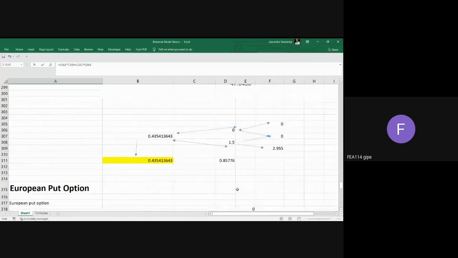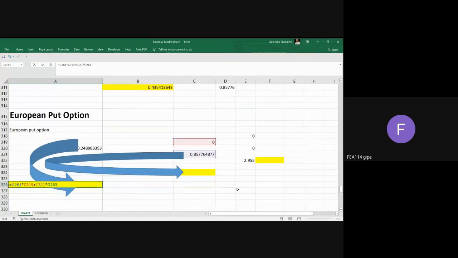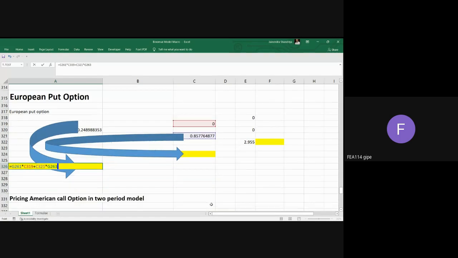So I have multiplied the state prices with the value of the option in those states, and then I will press enter and see. So I got exactly the same value, which is the same value as before. This value and this value are the same.